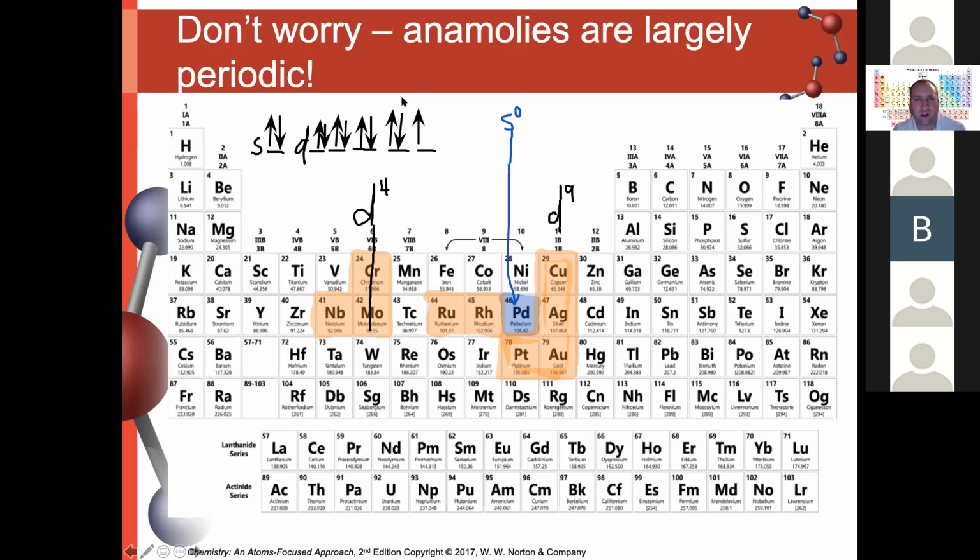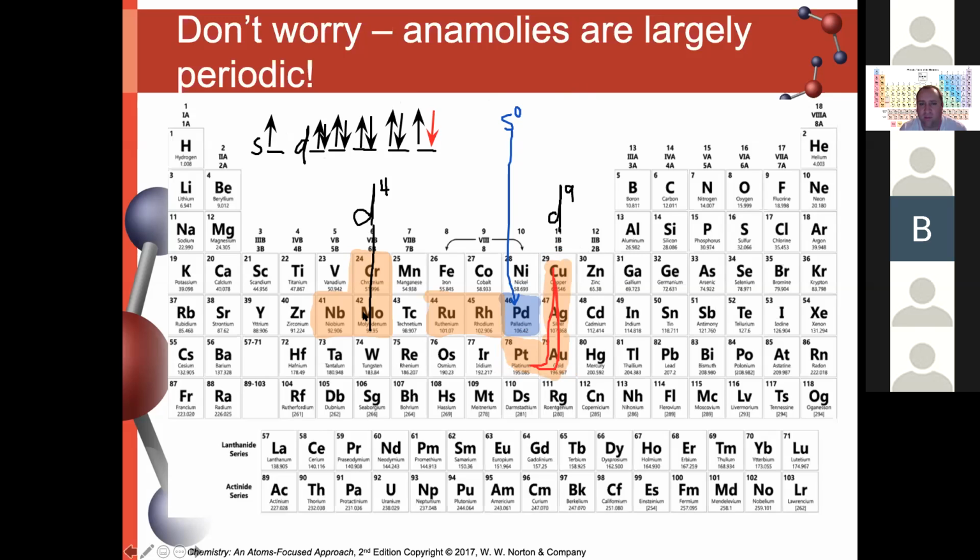But with that migration, this s electron goes over here, and in doing so, we've now completely filled the d orbitals and left the s orbital underfilled, but still it has something in it. And so from that perspective, the D9 orbitals, we can rationalize those as well.